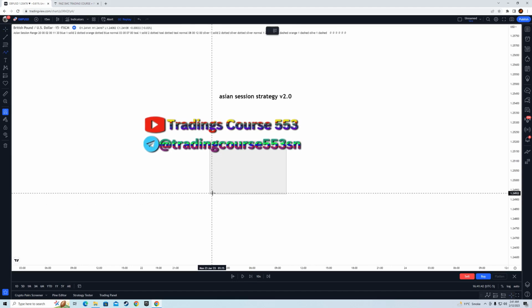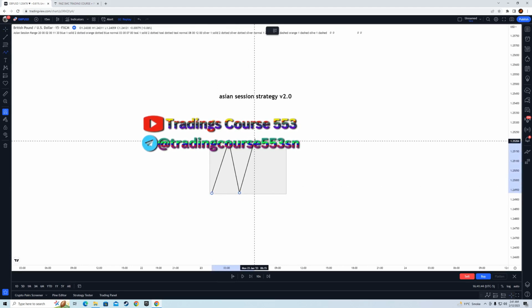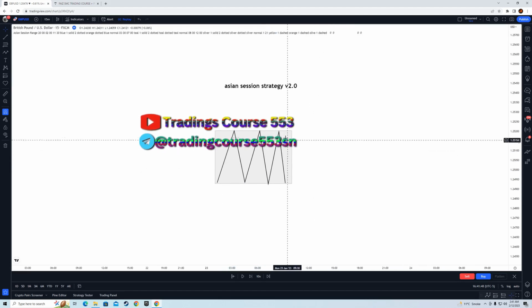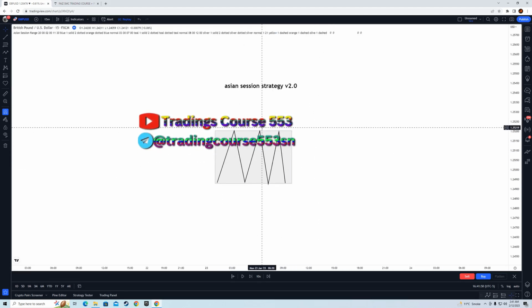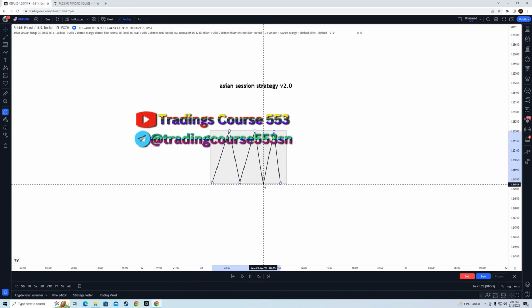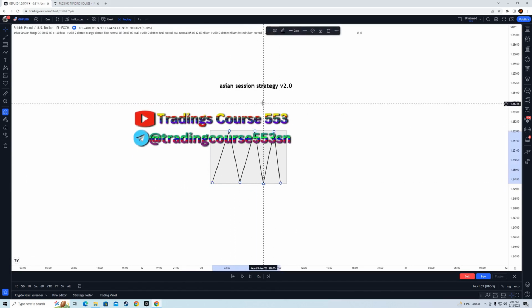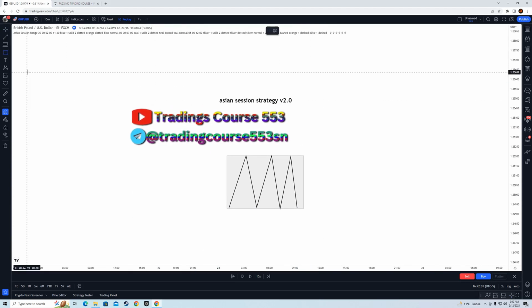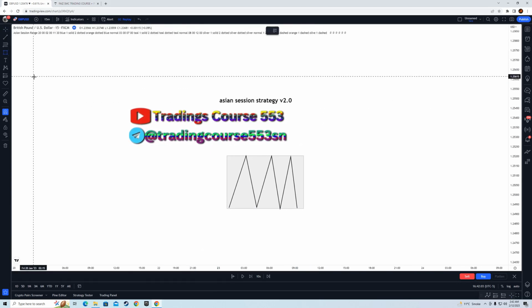Simply, you're going to have the Asian session like this, and look for POIs below the Asian low and above the Asian high. So this does not require daily bias or market structure or whatever.